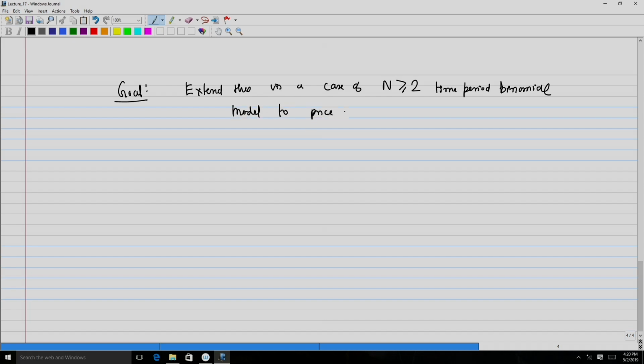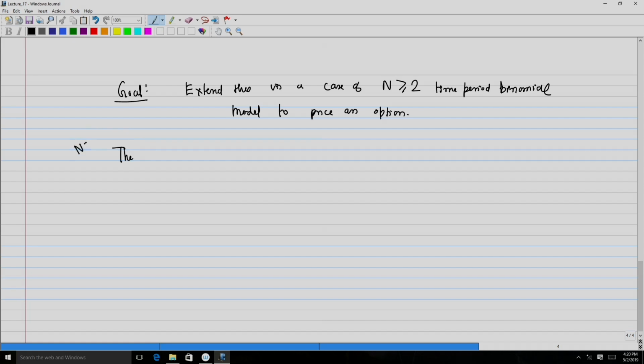Remember, now that we have explained how the tree is generated and how naturally it can be extended to capital N number of time periods, we can now start expanding the fundamental principle of risk neutral pricing that you had done in case of a one period model by making use of replication, and the next goal is to extend this replication strategy to a 2 period model and then naturally to an n period model.